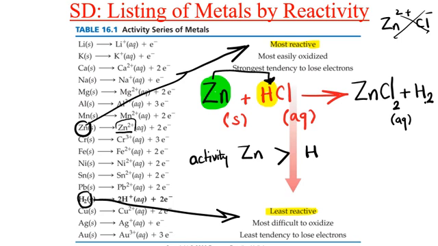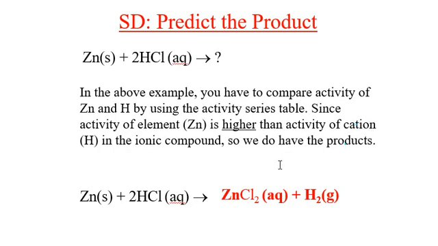Regarding the hydrogen, as a diatomic molecule, we write g, gas. Then you are going to balance the reaction by yourself. So you are going to add number 2, for example. So we absolutely have the reaction here.